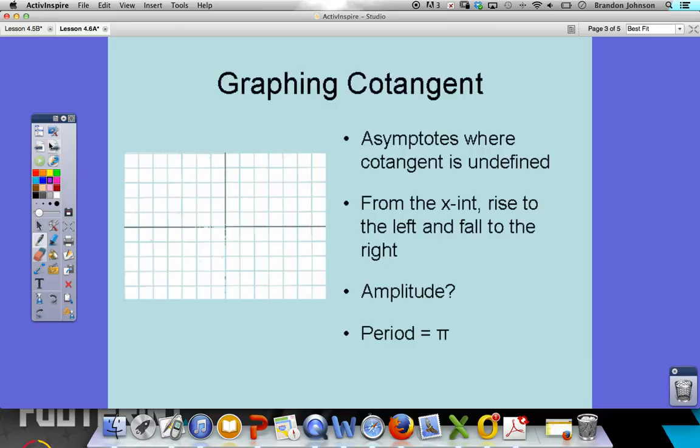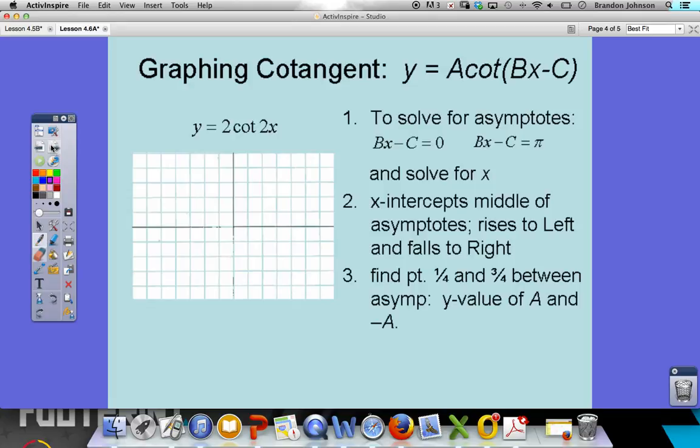The same thing is true with cotangent. The only difference with cotangent is that to solve for the asymptotes here, you have to have bx minus c equals 0 and pi. The reason why that's the case is that where tangent is here and here, cotangent is now going to be from the origin, or I should say the y-intercept, to pi.